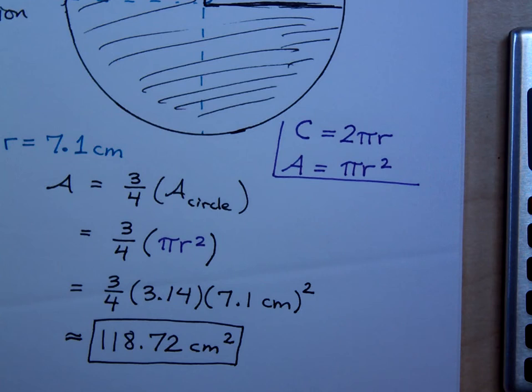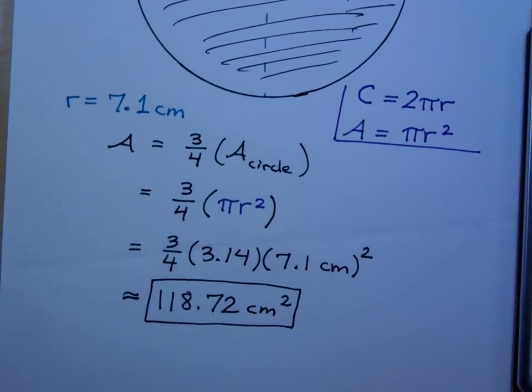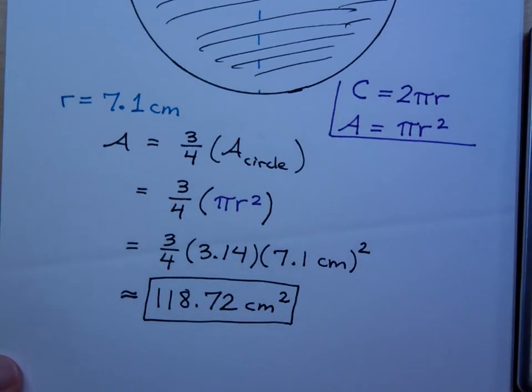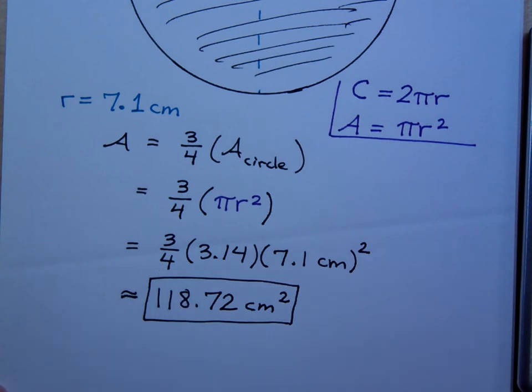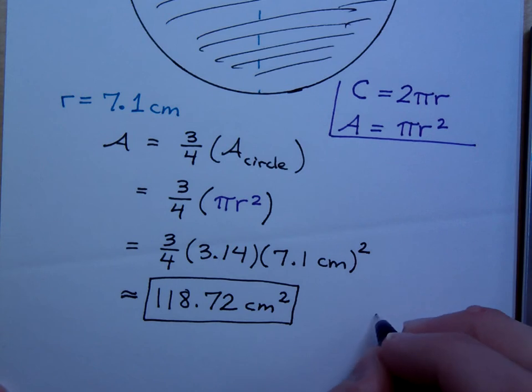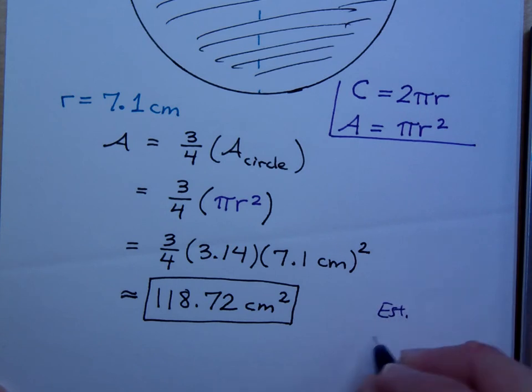Now, if you had to do some estimating to see whether this answer makes sense, this is what would be going through my mind. The 3/4 would round to about 1, very rough rounding. So if I'm estimating, I would say this is about 1 times 3.14.